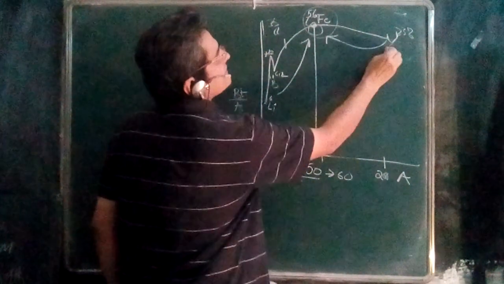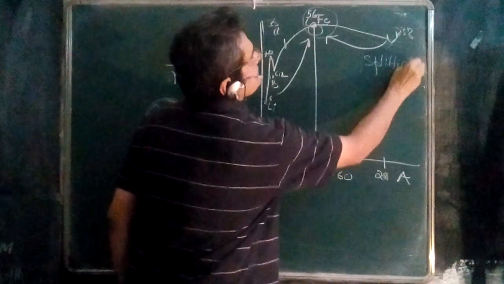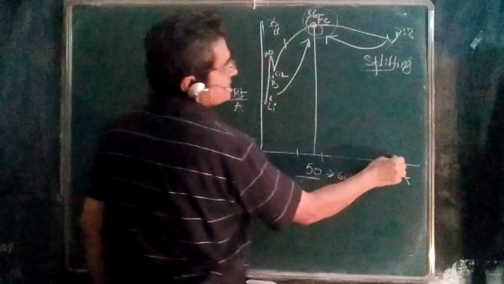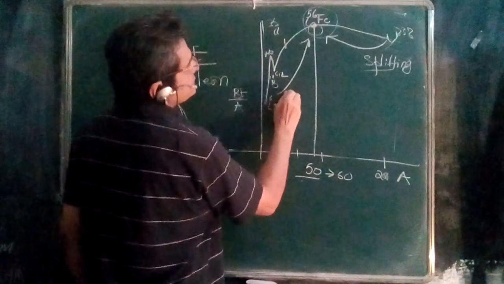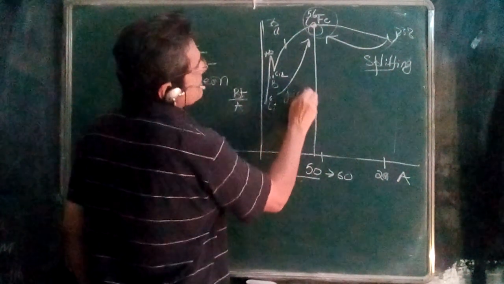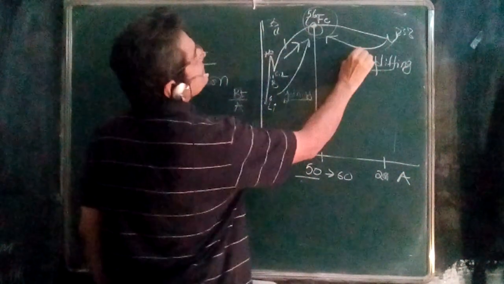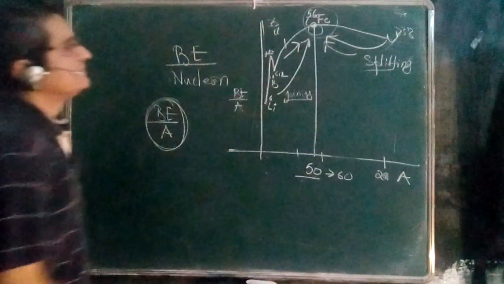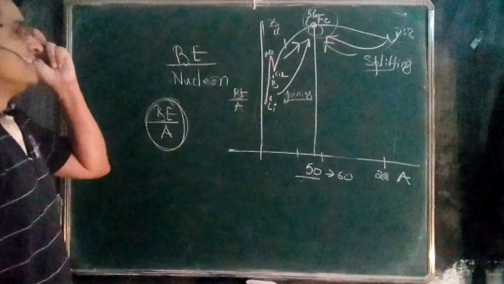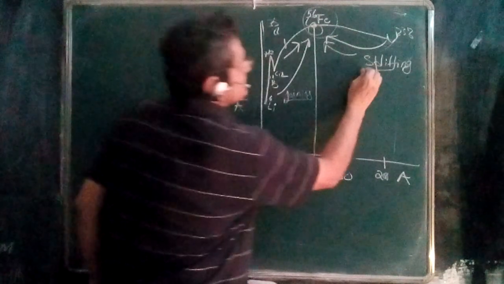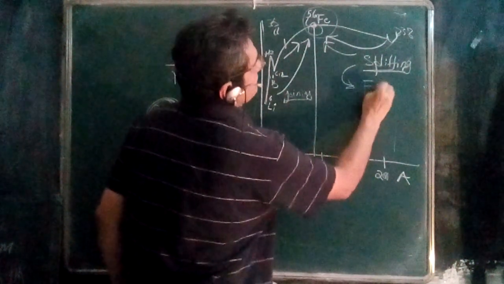If it splits here, it needs splitting to reach here, because here the mass number A is high, and here you will need joining of nuclei to reach towards this level. The natural tendency will be to go towards this level of stability, to have the highest binding energy per nucleon, and this is fission.